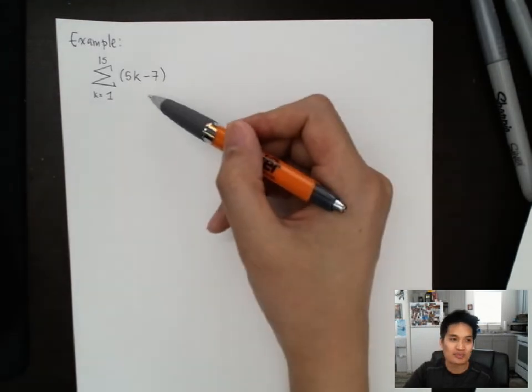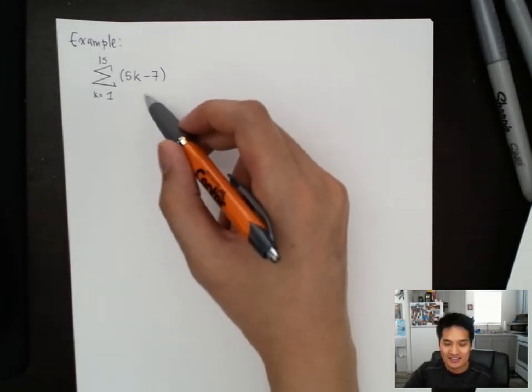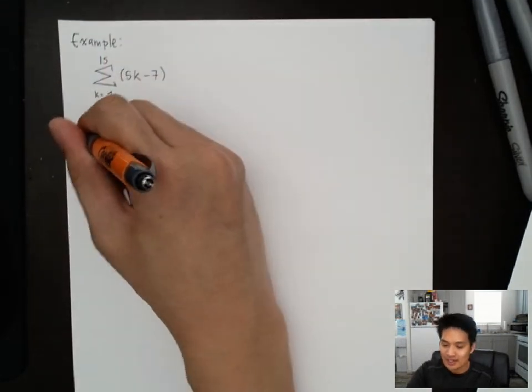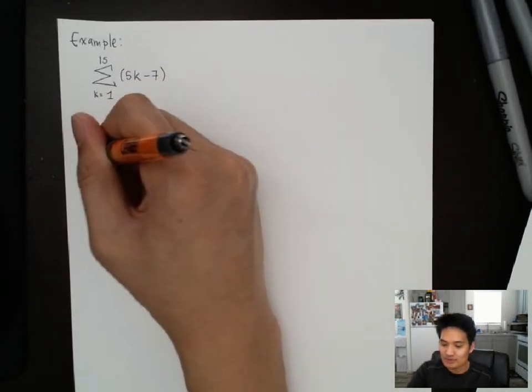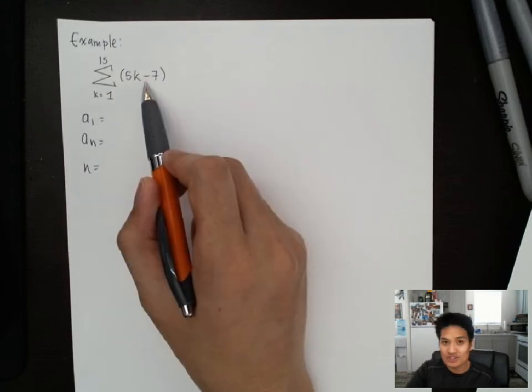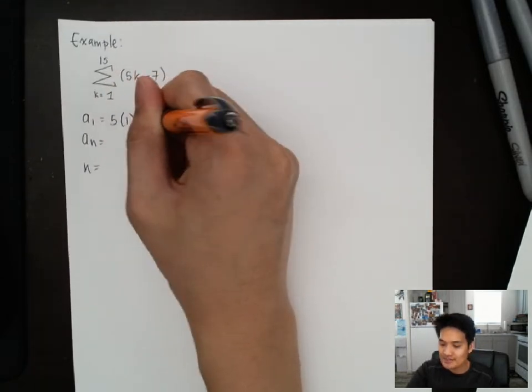This one uses summation notation. So in this particular case, like I said, all we need is the first term, we need the last term, and we also need our number of terms. So to get our first term, all you need to do is plug in 1 into our equation. 5 times 1 minus 7.